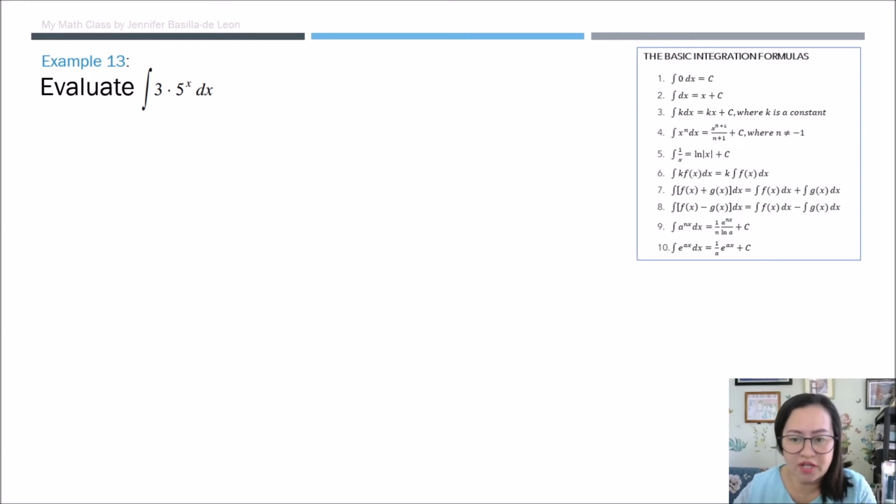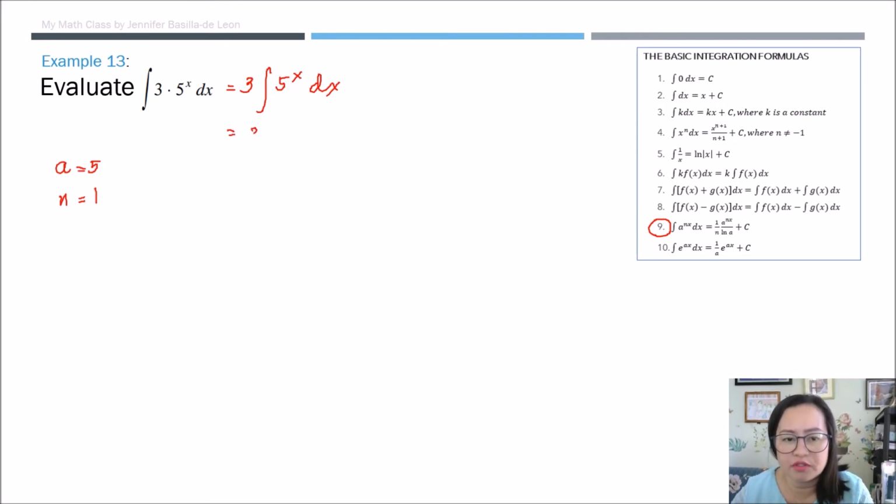Now to evaluate this expression, we shall use rule number 9, wherein we can identify that a is equal to 5 and n is equal to 1. Now, rewriting this, we can have 3 times the antiderivative of 5 raised to x dx. Then apply rule number 9.